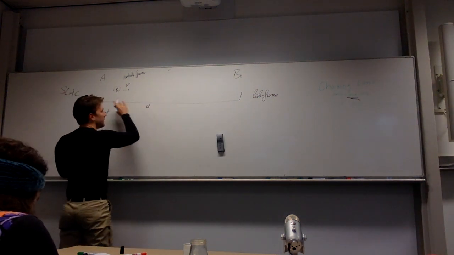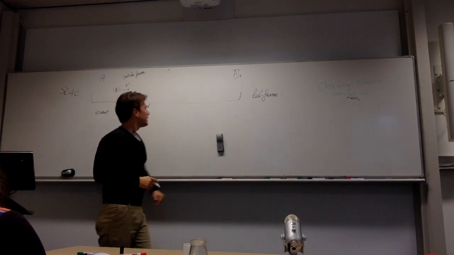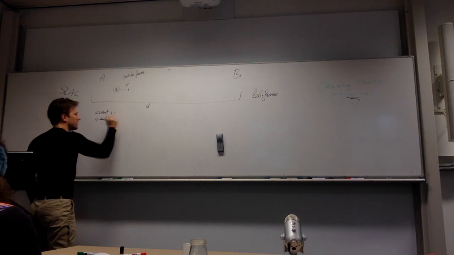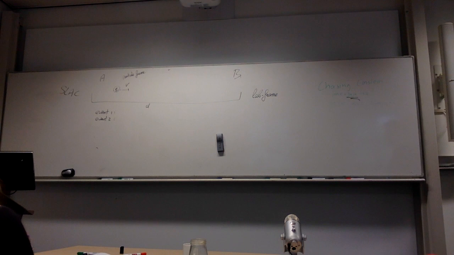So there's a distance d as seen in the lab frame from the beginning of the SLAC accelerator all the way till the end. So there's d. It's a nice check whether you're ready to do at least some of the exercises of the midterm of next week. You would first define two events, yes? What two events would you take?